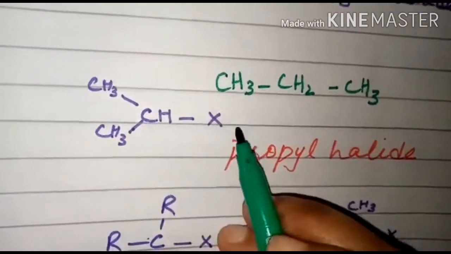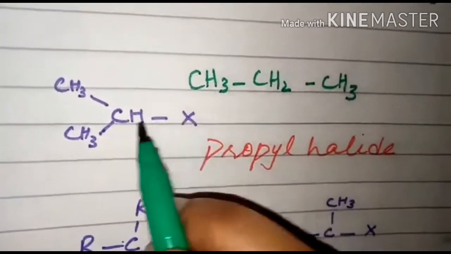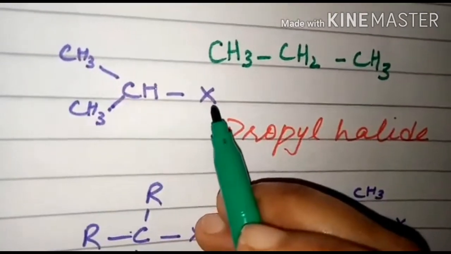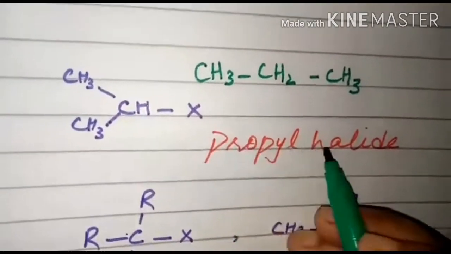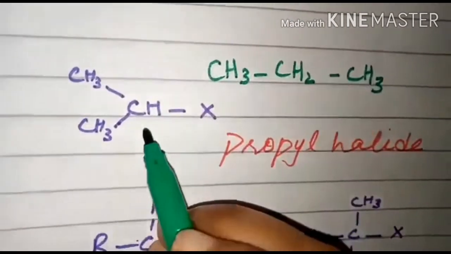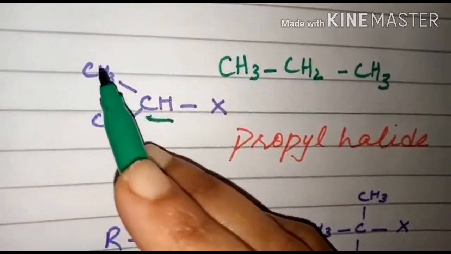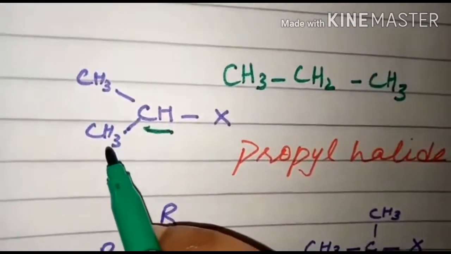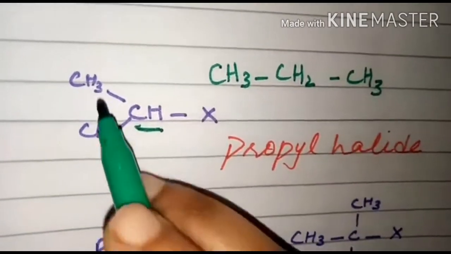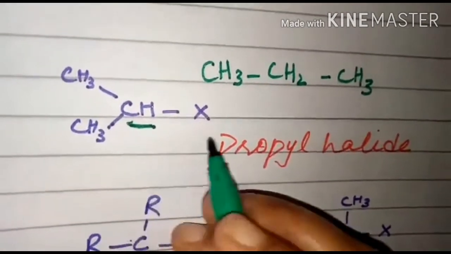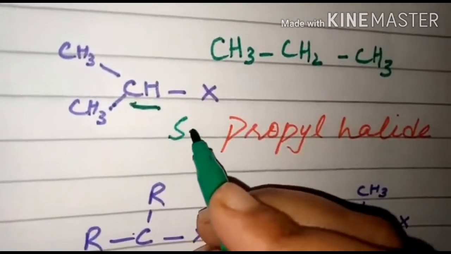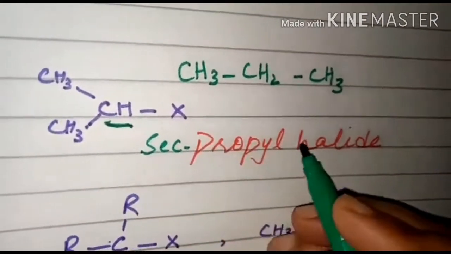It means one hydrogen has been removed. With this, a halogen will attach and what forms is propyl halide. As this carbon from which hydrogen has been removed is attached to two other alkyl radicals, two other carbon atoms, it is called secondary propyl halide.